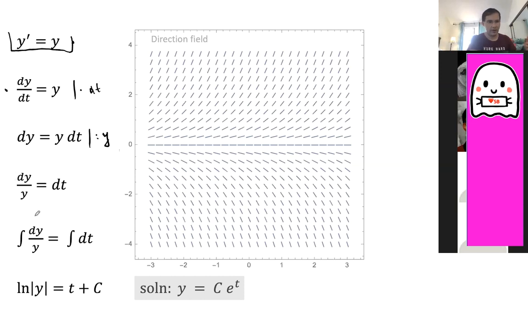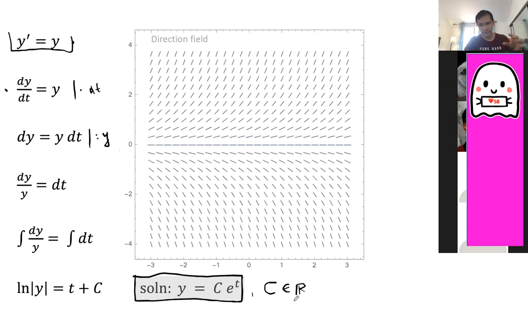Then when I integrate the left-hand side and the right-hand side, I get ln of y equals t plus c. So the general solution of this differential equation is a collection of all functions given by this formula, where c is completely any real number.